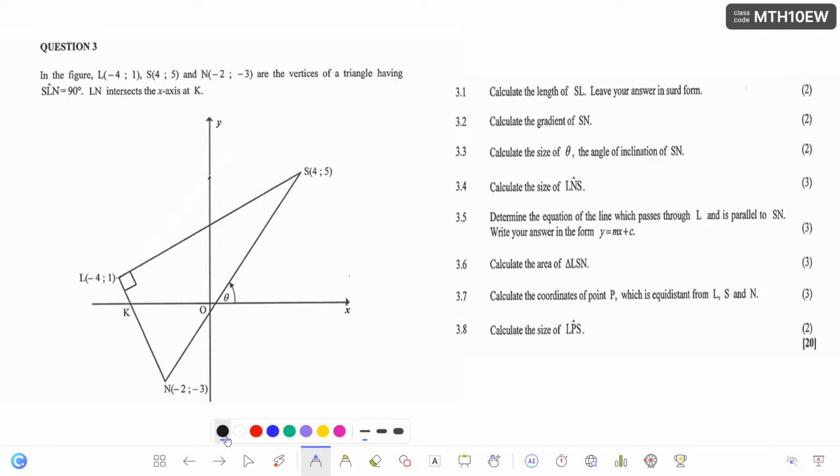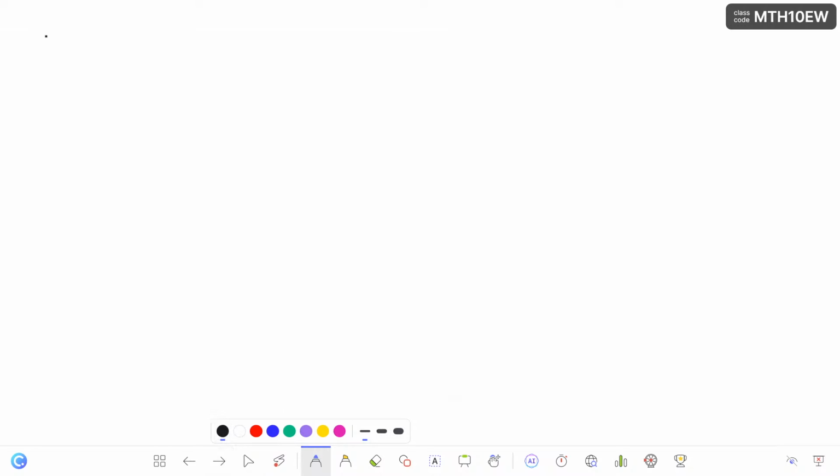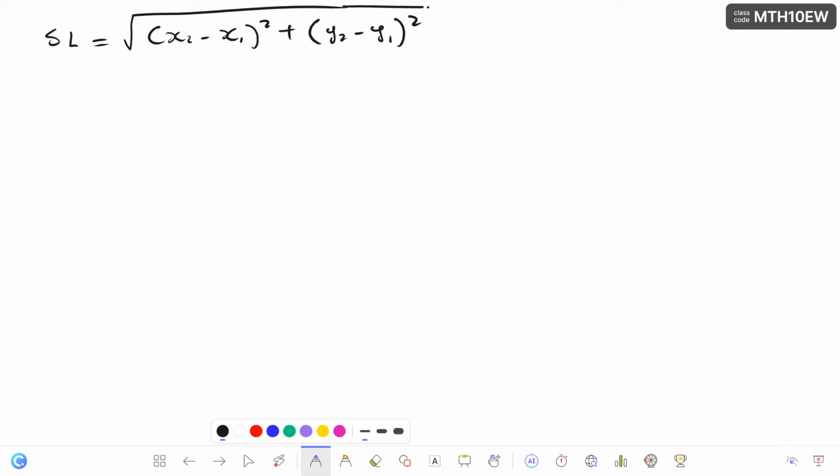In order to calculate the length SL, we say length SL equals the square root of (x2 minus x1) squared plus (y2 minus y1) squared.